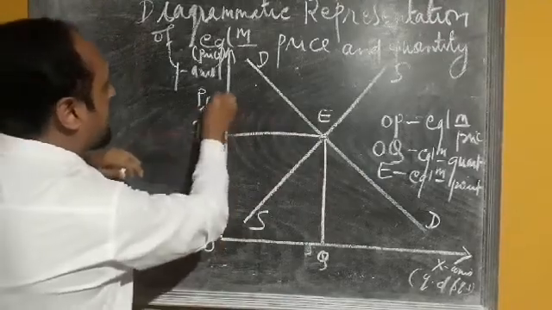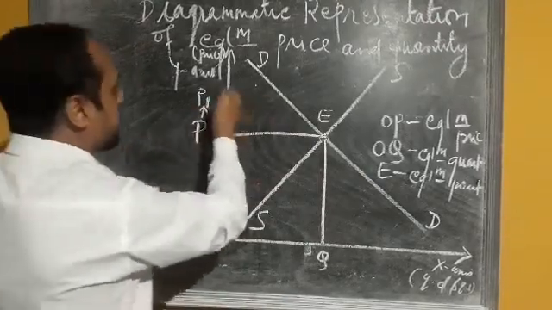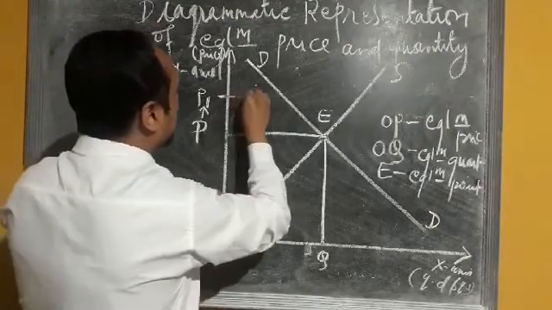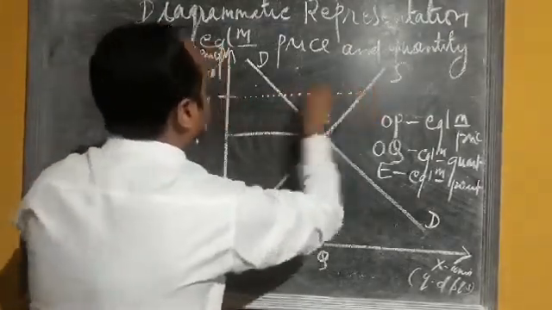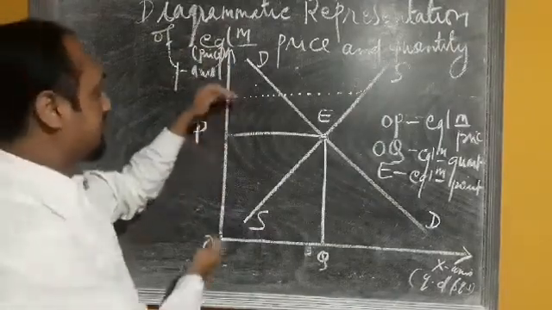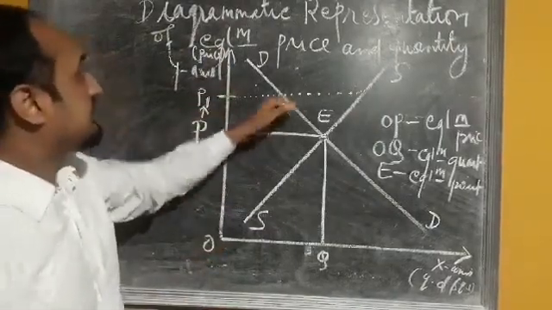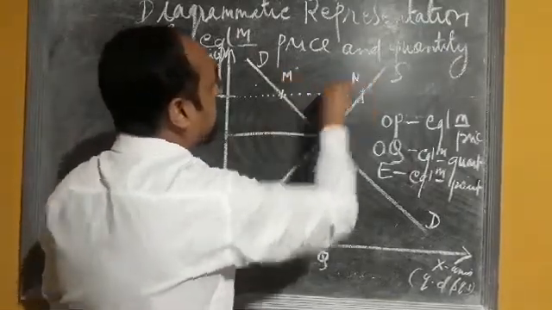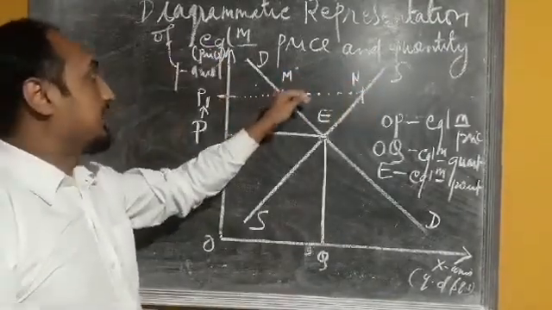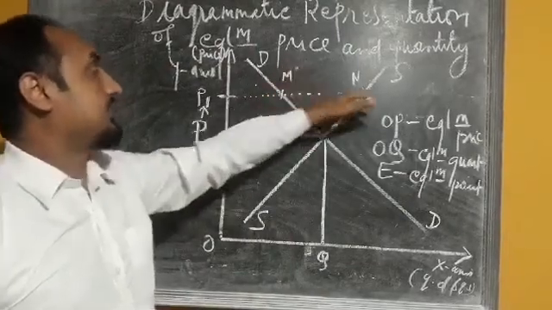Now at this price OP1, if we draw a straight line from here, I will draw this dotted line. Let's give this point the name M and this one the name N.